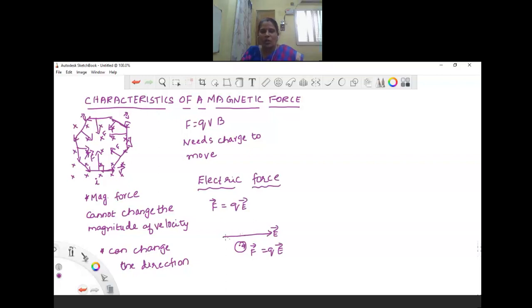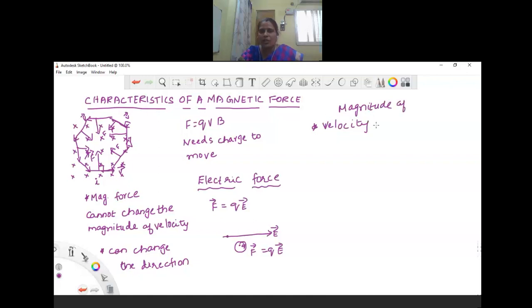If we place the charged particle here, it will be accelerated because of this force and its velocity will change. So under the characteristics of electric force, we can say that the magnitude of velocity changes.